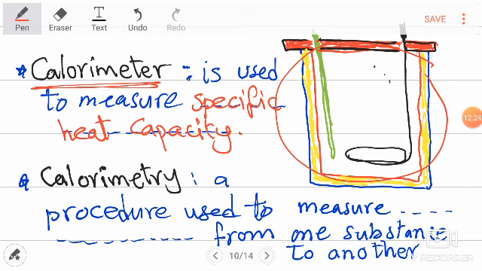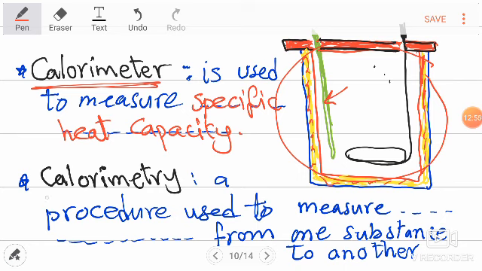It consists of 2 containers, a larger container and a smaller container, placed inside each other with an insulation material between them. Here is a stirrer to mix the materials with each other, and here is a thermometer to measure the temperature change.